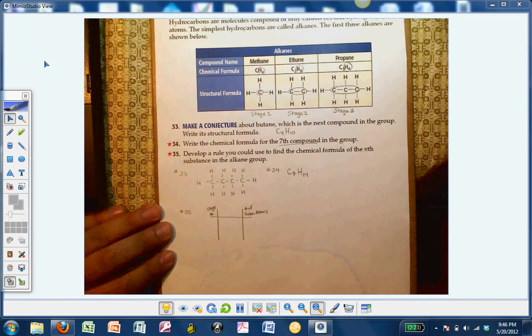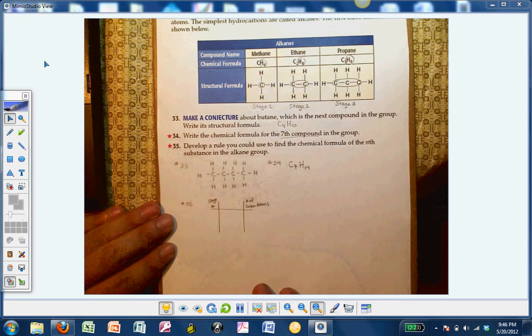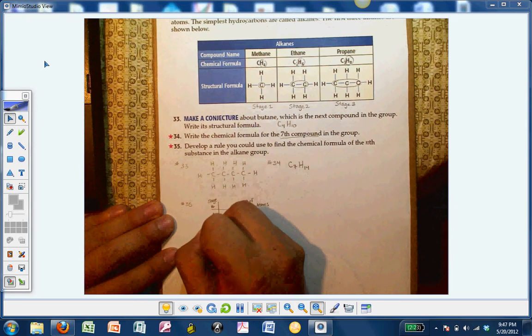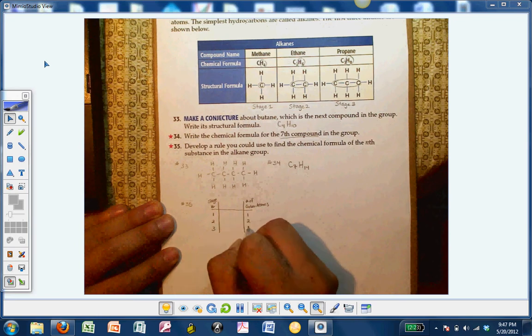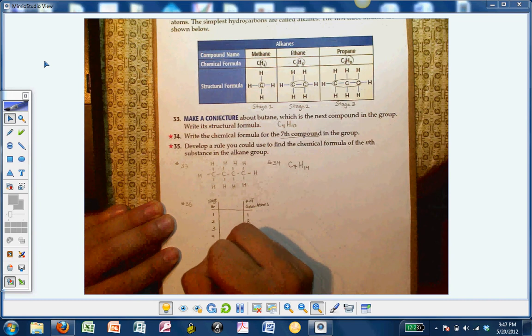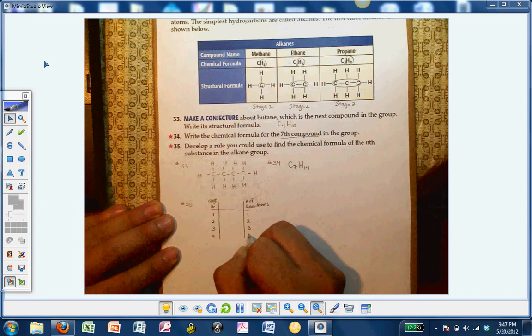Organizing our data, we will see that at stage 1, we had 1 carbon. At stage 2, we had 2 carbons. At stage 3, we had 3. At stage 4, we had 4.